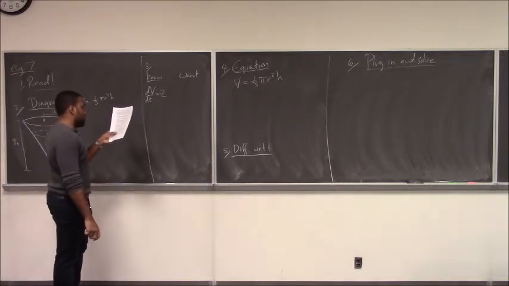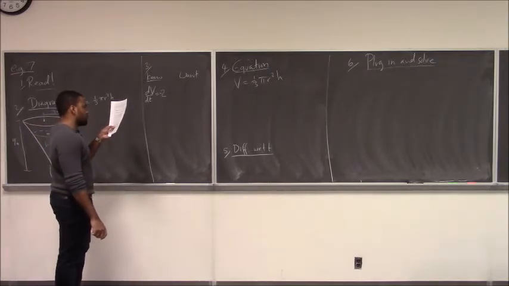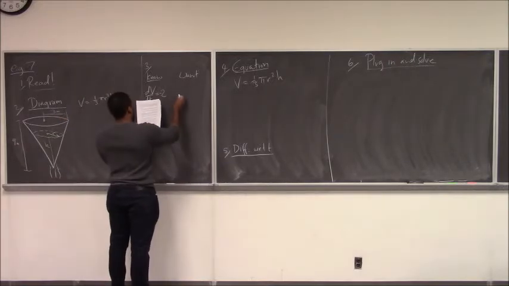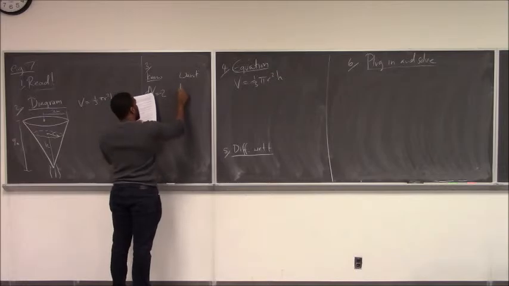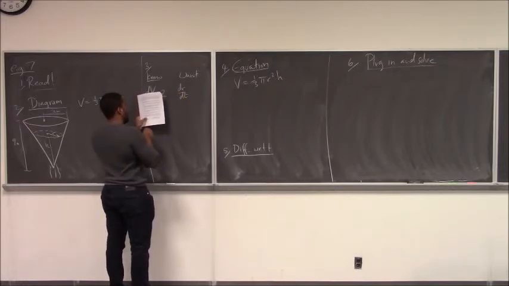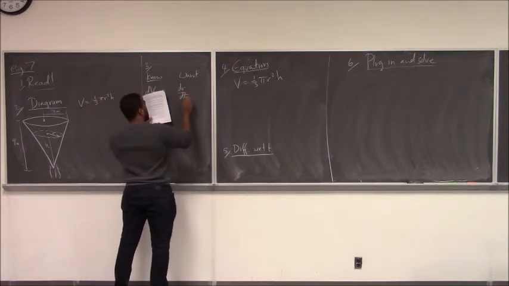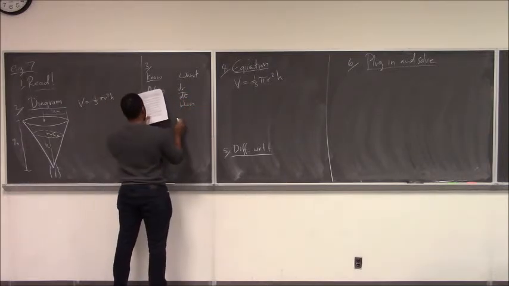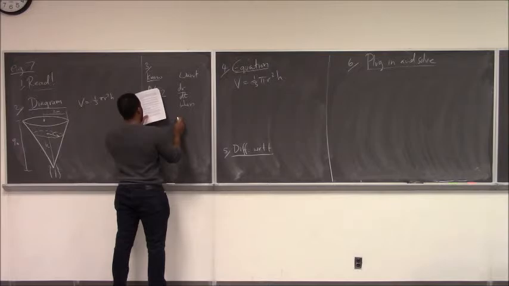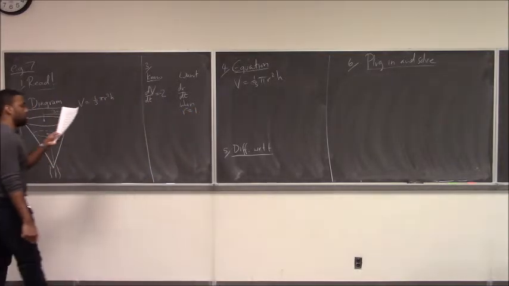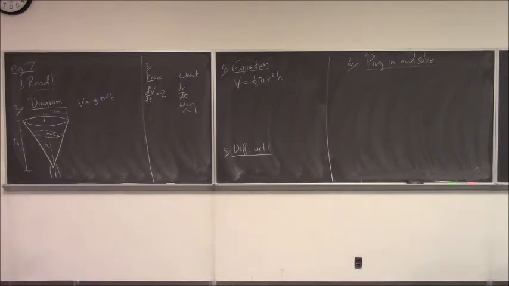Here's what we actually want. We want to know dr dt. We want to know how the radius of the remaining water is decreasing when r equals 1. So that's what we know, that's what we want.